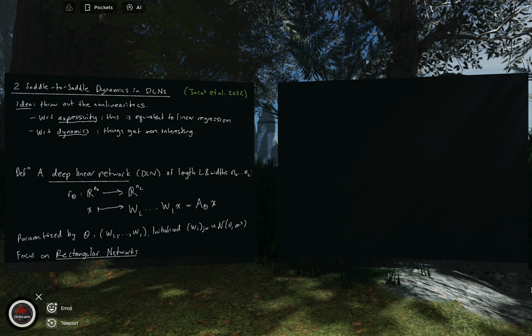These have a fixed hidden layer width, so we call them L, W, D-lines. And what they have is N1 up to N_{L-1} equals some fixed constant, which we'll call W.